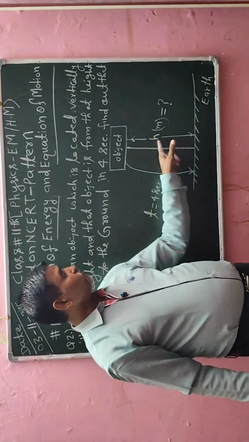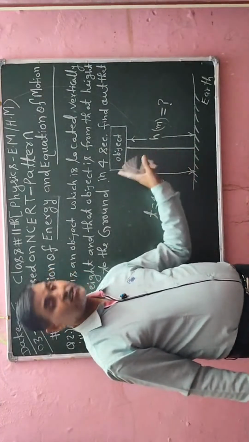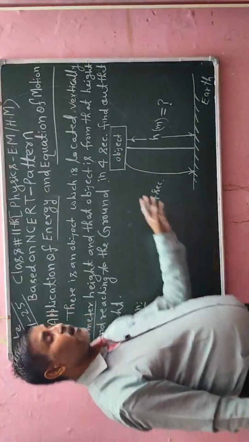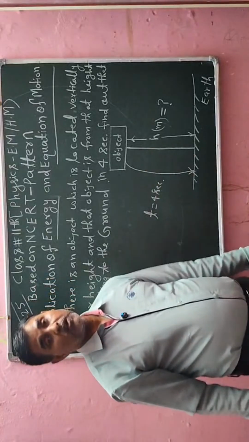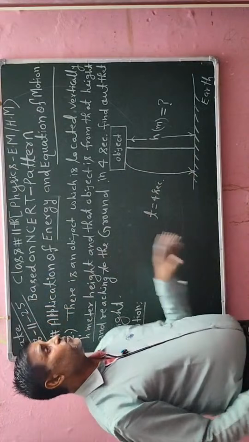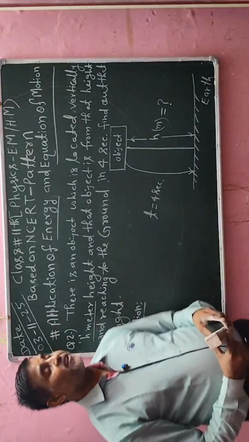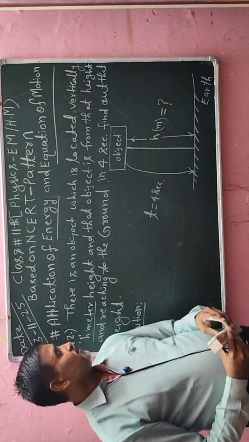So we have to calculate the height at which the object was located. I will also translate all this into Hindi, so students reading in Hindi medium can understand this concept in detail.